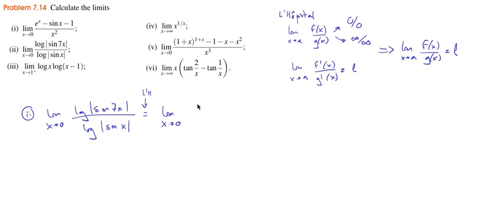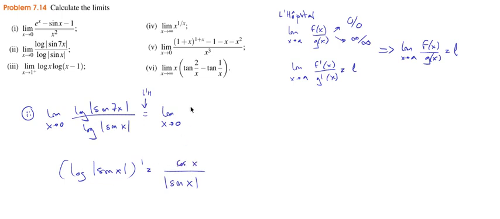Sorry about this. The derivative of the logarithm of the absolute value of the sine, right, is 1 over the sine times the cosine, and then times the derivative of the inside.